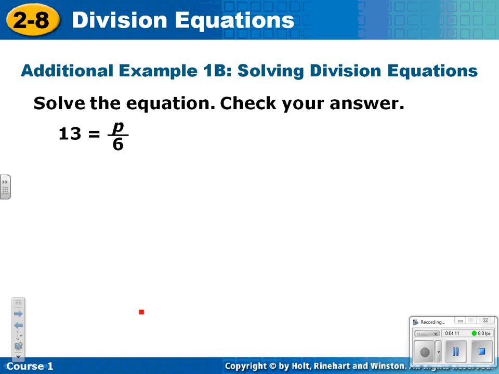So we multiply by 6 here. We got to do it to both sides, times 6 here. This goes away. We're left with 6 times 13, which is something like, what, 78? Sure? I'll have to look.